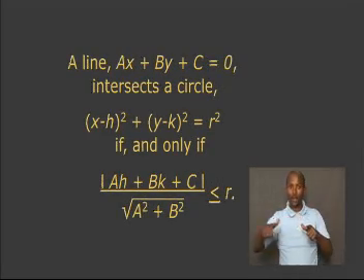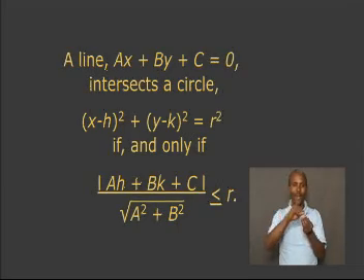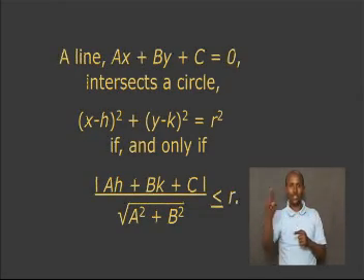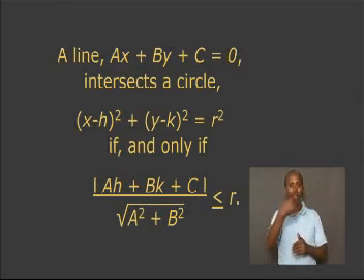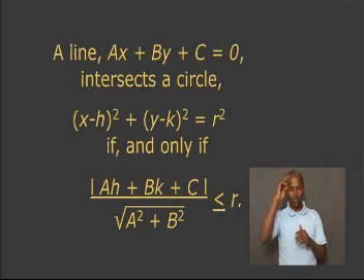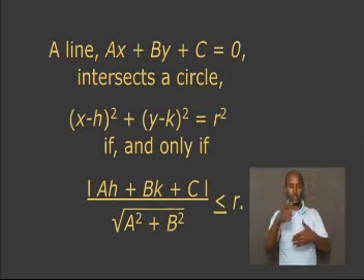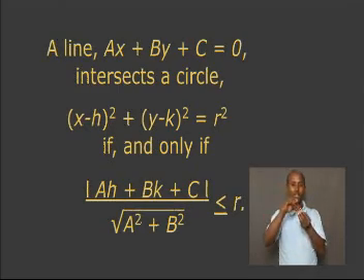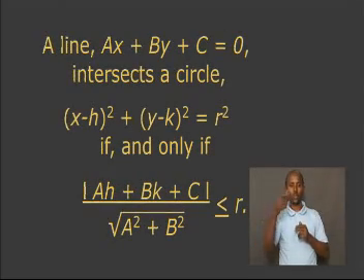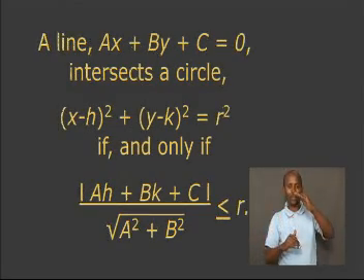A line with equation ax plus by plus c equals 0 intersects a circle with equation (x minus h) squared plus (y minus k) squared equals r squared if and only if the absolute value of ah plus bk plus c over the square root of a squared plus b squared is less than or equal to r.